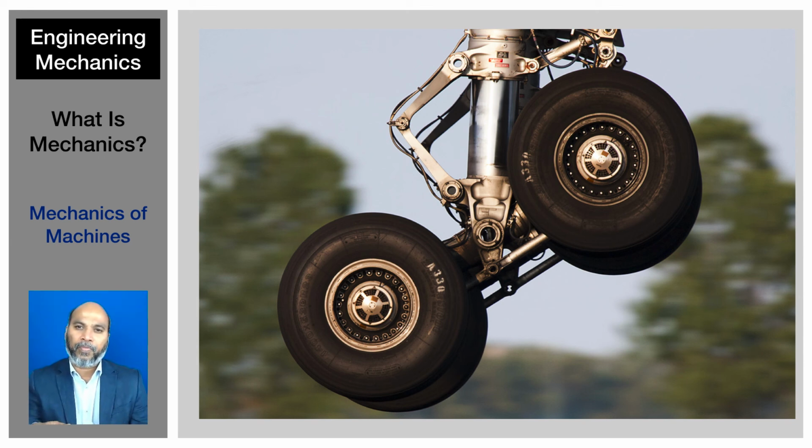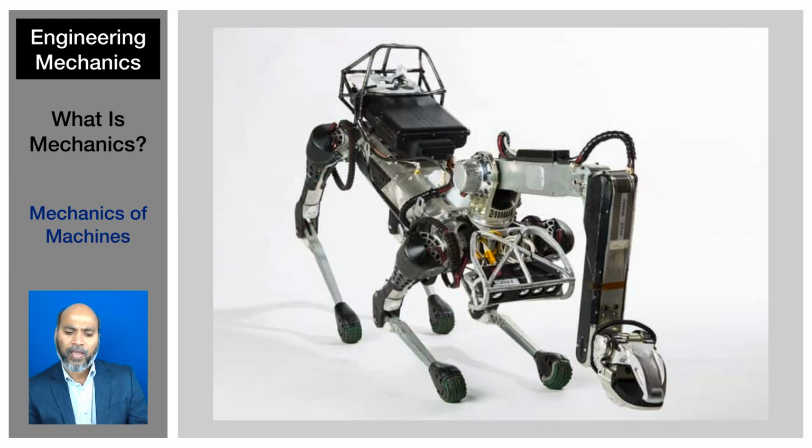Also, the whole assembly can be retracted back inside the aircraft and pushed back out as well. There are a lot of links that are connected, and there's a mechanism involved. So we have multiple bodies connected with each other, and therefore we're looking at it as a mechanism. And finally, we have this robot, our Boston Dynamics robot.